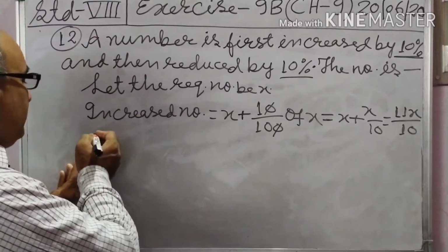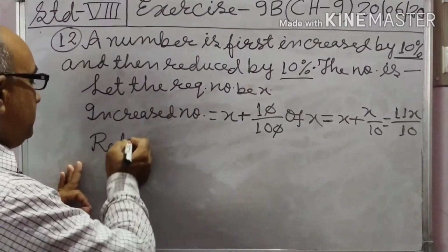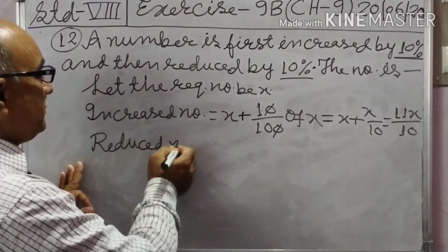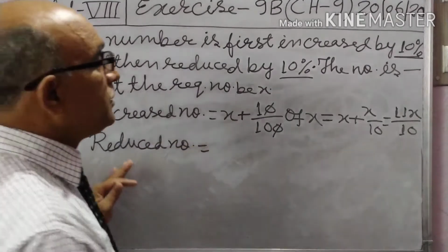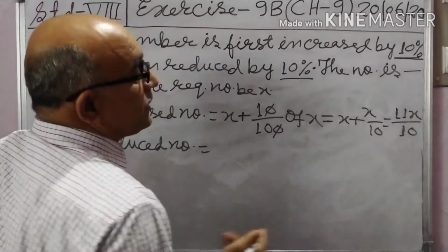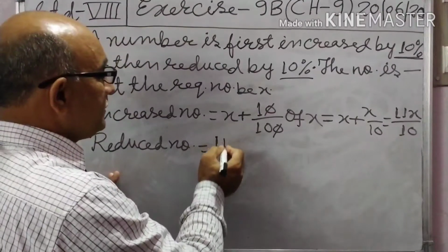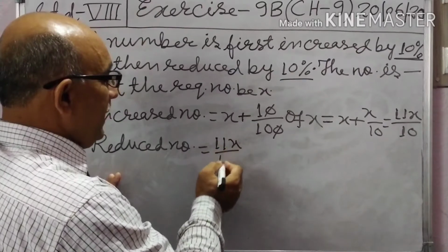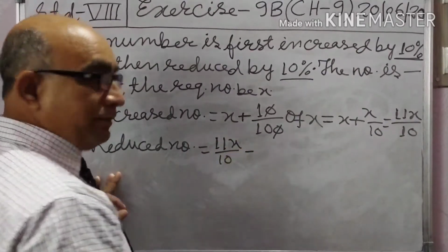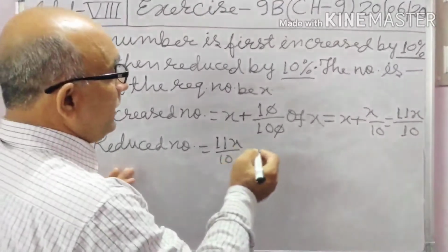So the reduced number. Now the number is 11x by 10. So 11x by 10 minus, reduce means subtract, minus.